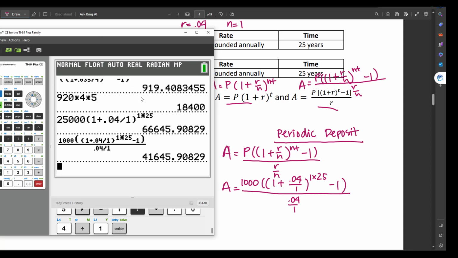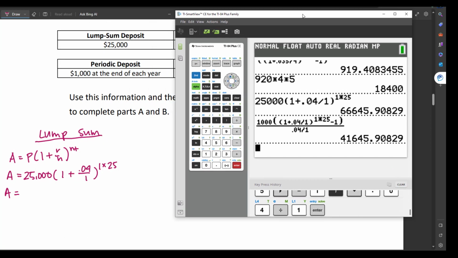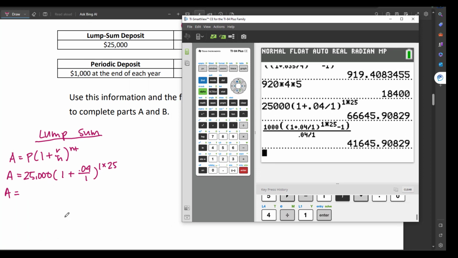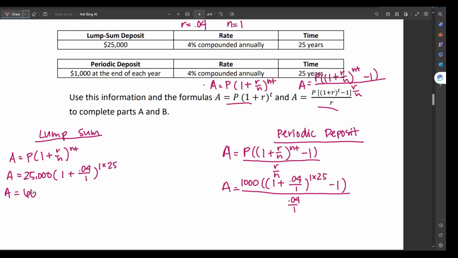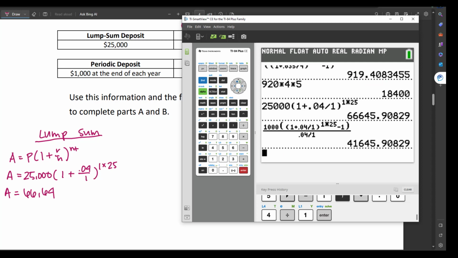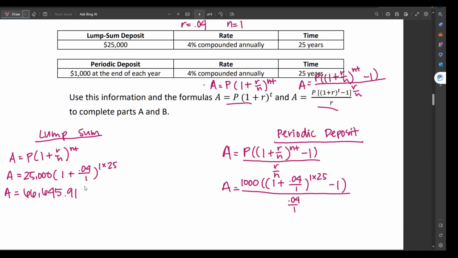The first amount for our lump sum deposit, our future value amount is $66,645.91. If we round it to the nearest dollar, then we get $66,646 in our account.